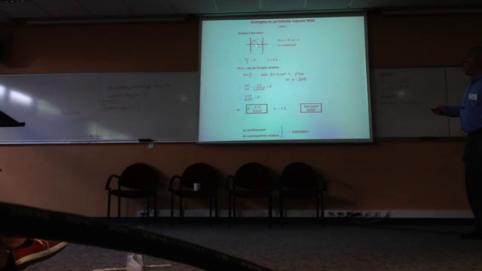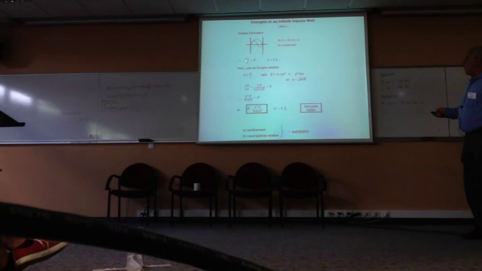Using this confinement idea, some number n times the wavelength has to equal the distance d. You use the de Broglie relation relating wavelength and momentum, and use E equals 1/2 mv squared, which is the same as p squared over 2m, or p equals the square root of 2mE.